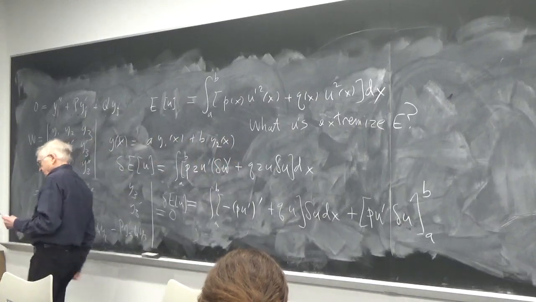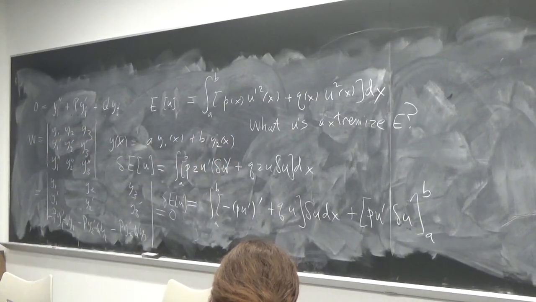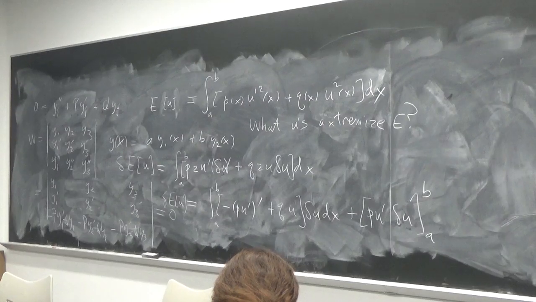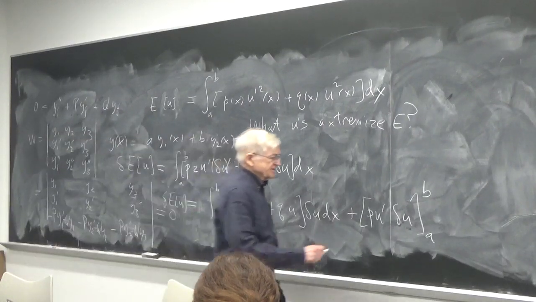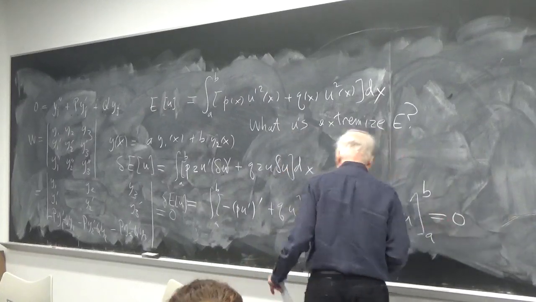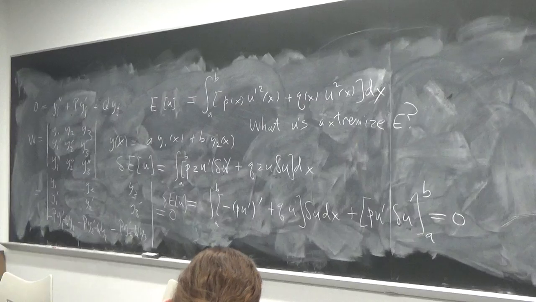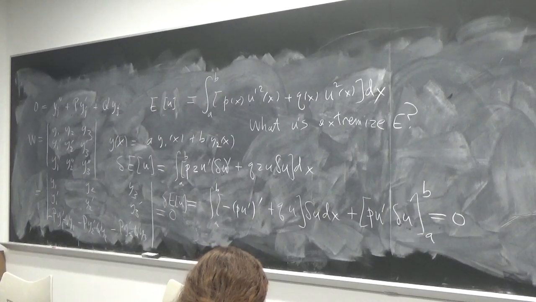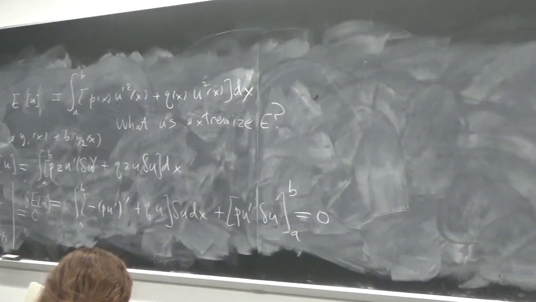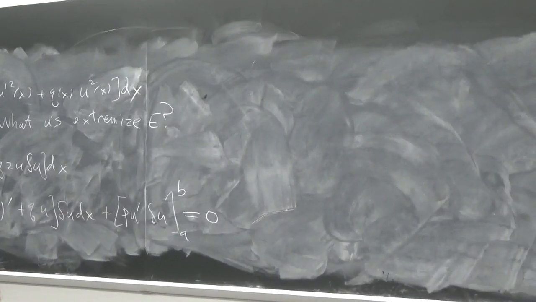Now there are two ways of interpreting this equation. We're going to say that this, of course, is equal to 0 at functions that extremize the functional E of U. But there are two ways that we can think about it. We can say that E of U is stationary with respect to all tiny changes delta U that vanish at the endpoints.